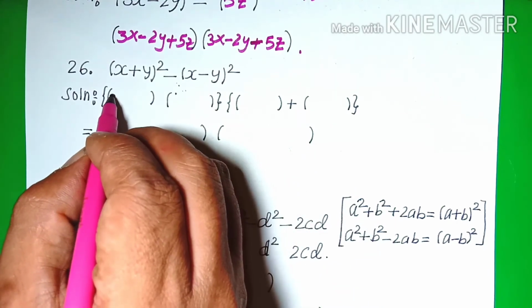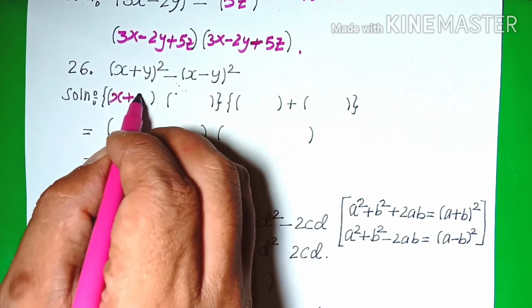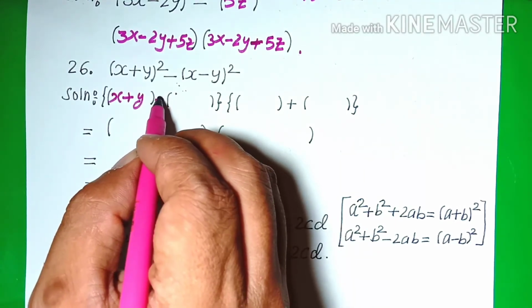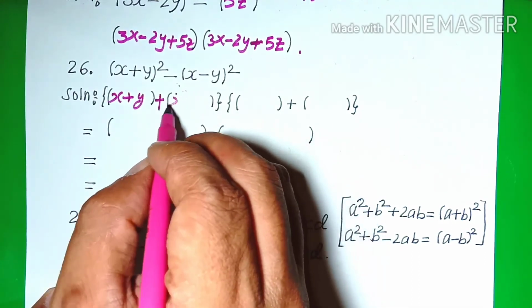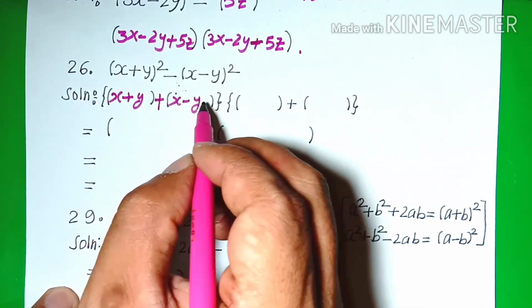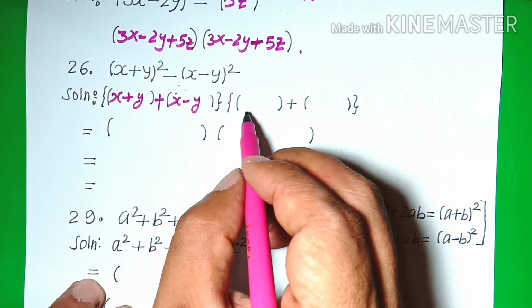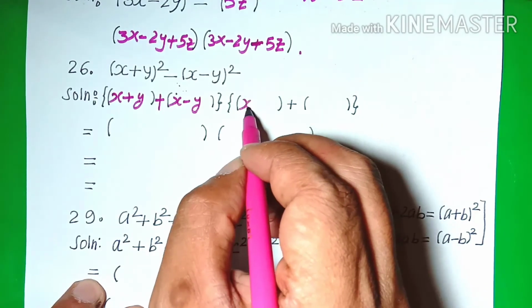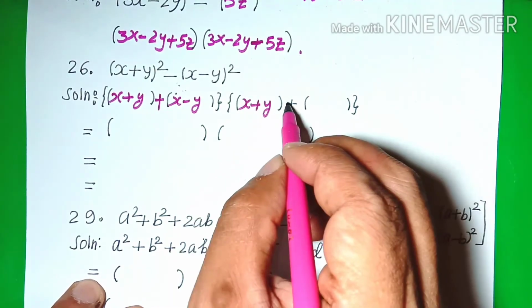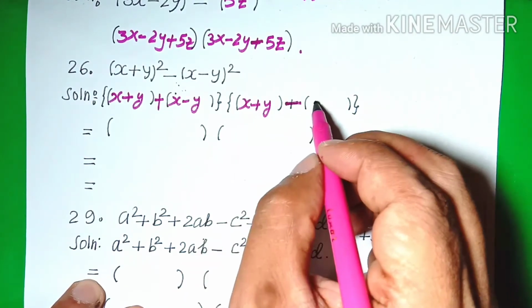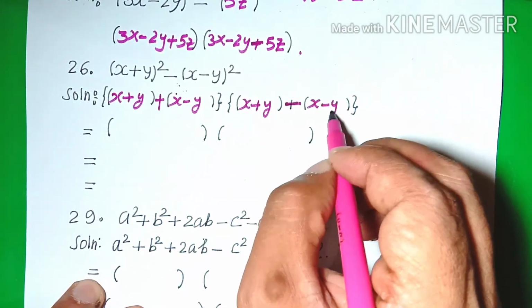So first we take a plus b, and then a minus b. A will be x plus y, minus b means x minus y.